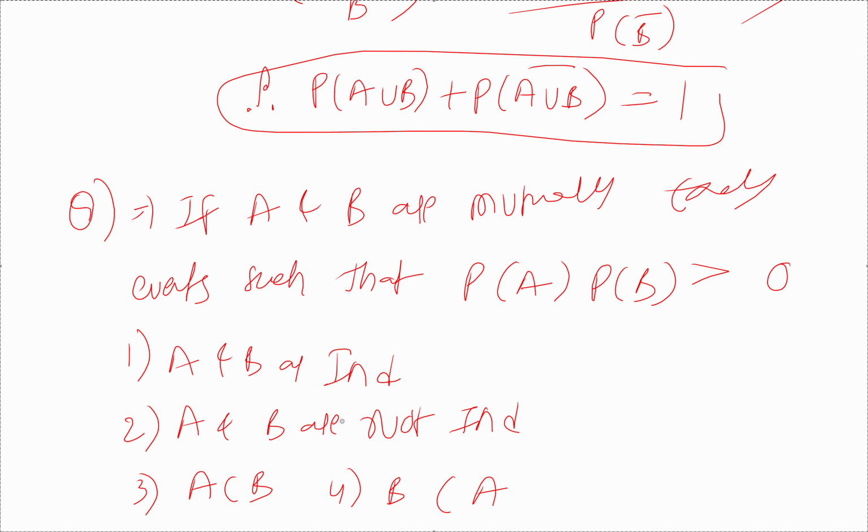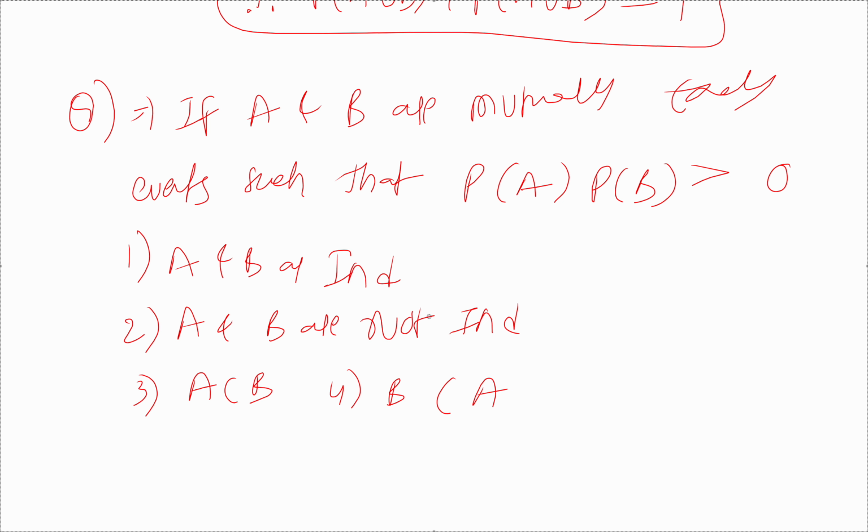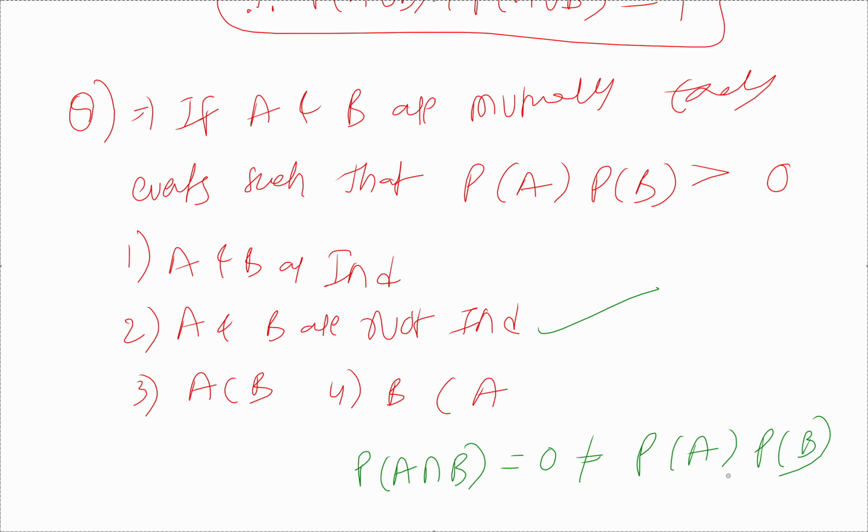So if A and B are mutually exclusive events but the probability of A into B is greater than 0, then we directly say that A and B are not independent, because probability of A intersection B is equal to 0, that is not equal to probability of A into probability of B. Due to mutual exclusivity they are non-independent.